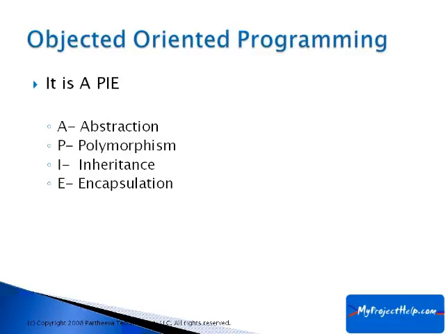So how is it a PIE? A stands for abstraction, P stands for polymorphism, I stands for inheritance, E stands for data encapsulation or encapsulation. So let's see in detail what abstraction, polymorphism, inheritance, and encapsulation mean.